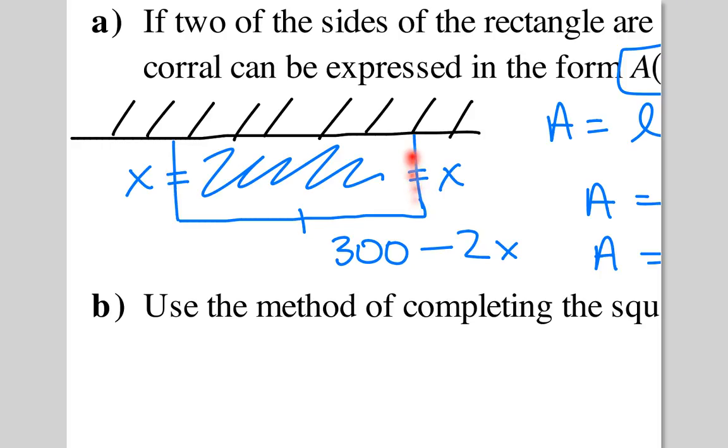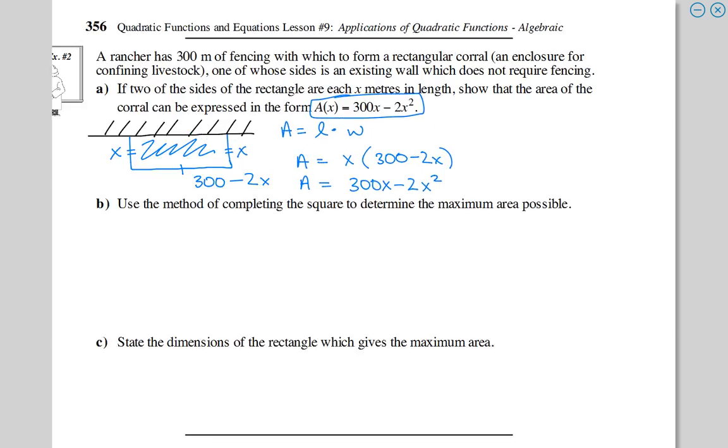Depending on what you decide this length to be, you're going to have different areas. And I'm assuming they're going to want a maximum area. These questions are always like that. You're always trying to maximize or minimize. For economics, it would be minimum cost or maximum profit. So it's always a min or a max problem.